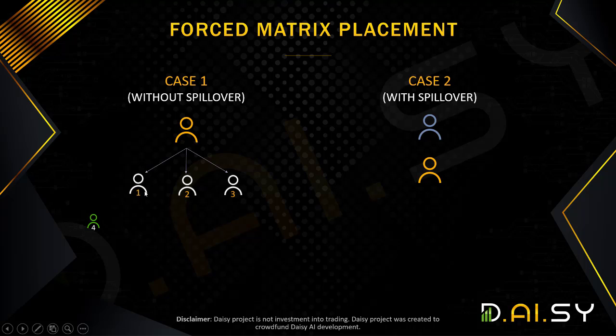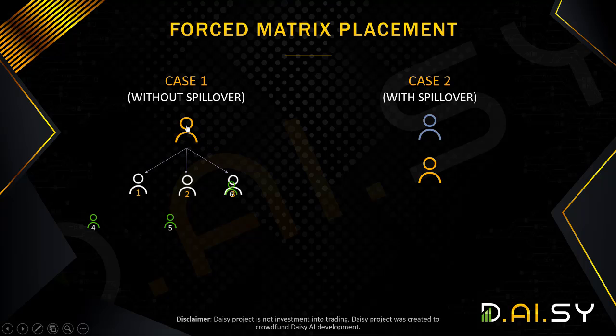So here we see the person on the left-hand side of my first row. When I bring in a fourth person, first of all, that person goes to the left-hand side of the person on the left-hand side of my first row. Then when I bring in a 5th person, he goes to the left-hand side of the 2nd person in my first row.